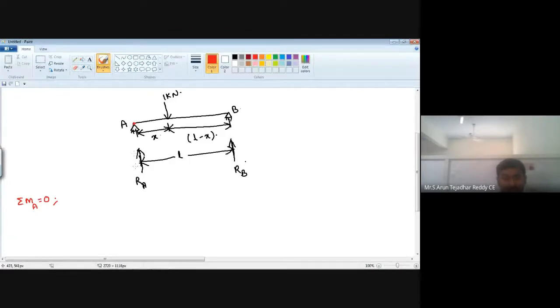Moment about A is equal to 0. It means whatever forces pass through point A, that will be 0. Here RA is passing through point A, so I can write it as RA into 0.